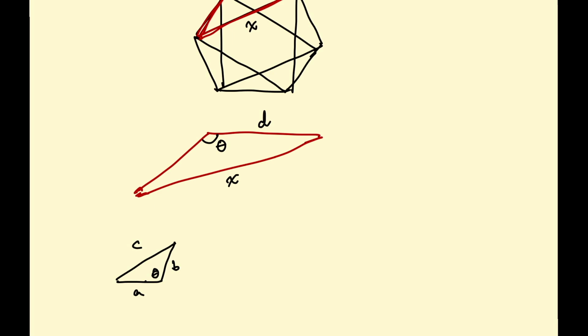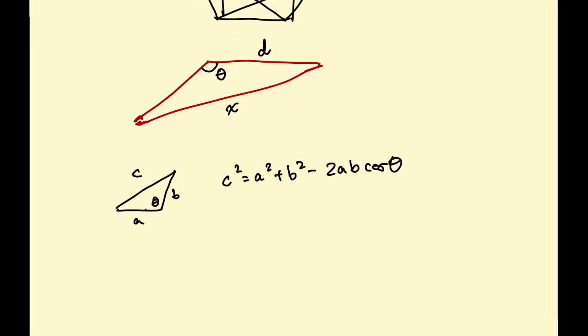We need the law of cosines, which is c squared equals a squared plus b squared minus 2ab cosine of theta. And you guys all remember that from high school, right? You don't? Justin, you're killing me, man. Sometimes it's actually called Al-Kashi's theorem, by the way.